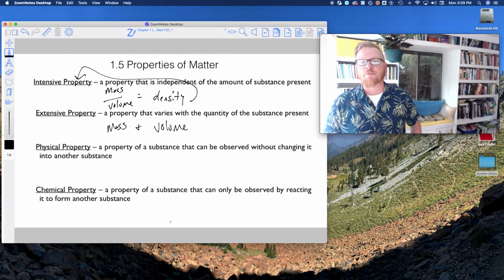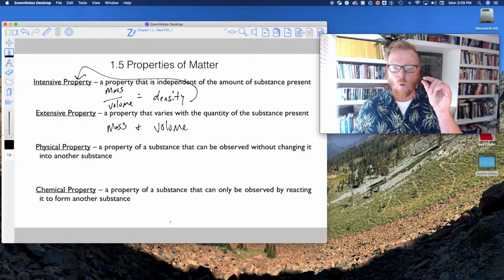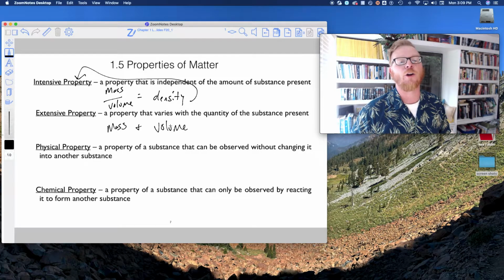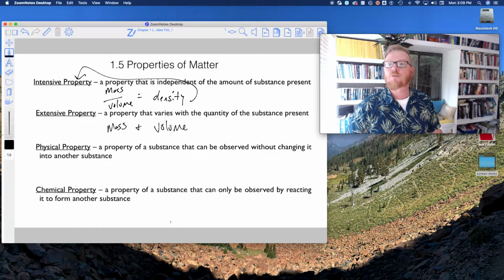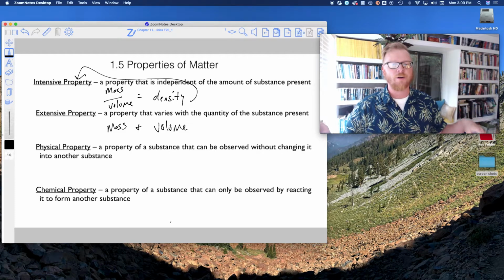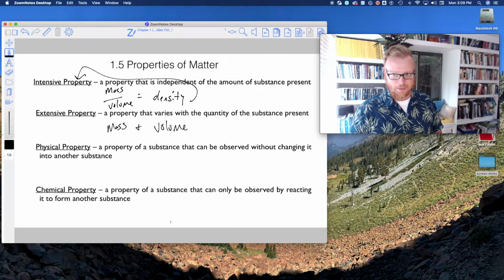So that means if I have one singular droplet of water, or I have an entire ocean of water, it doesn't matter. The density of those two substances will be the same. Of course, the volume and the mass of a droplet of water compared to an ocean of water is very different, but both will have the same density.